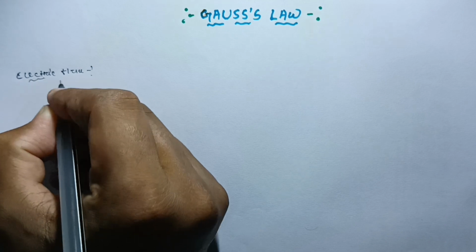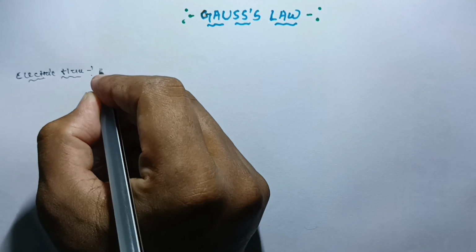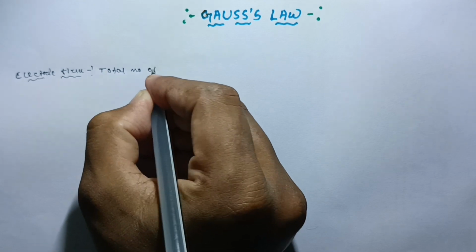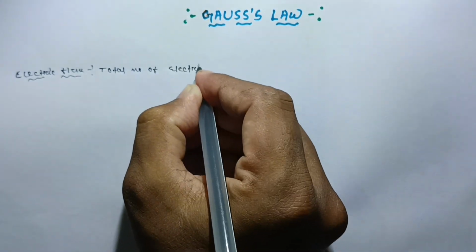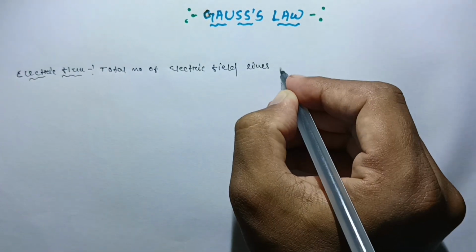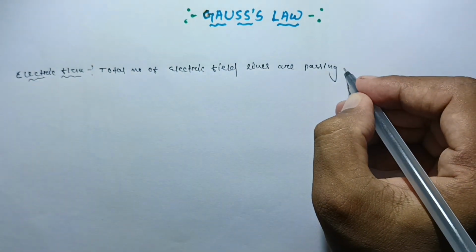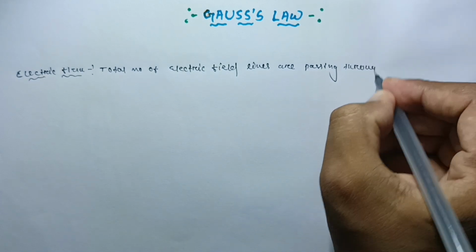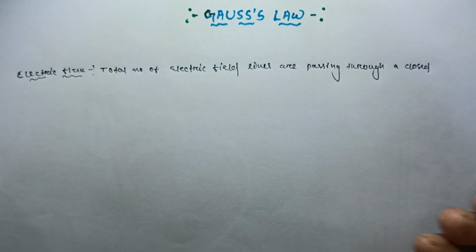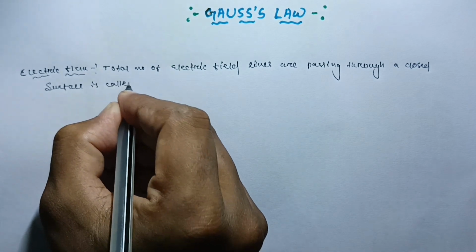Basically, electric flux is the total number of electric field lines passing through a closed surface is called electric flux.